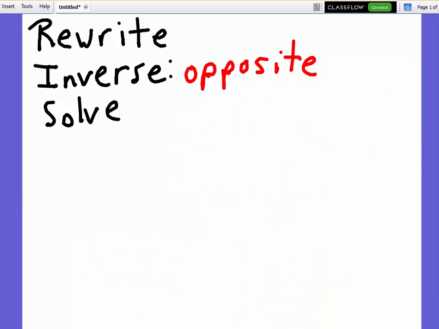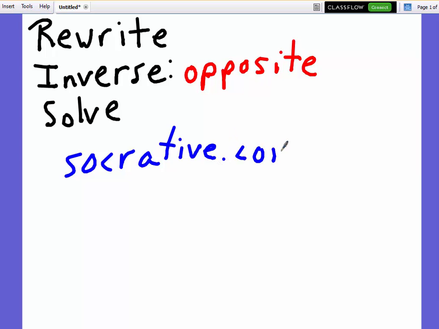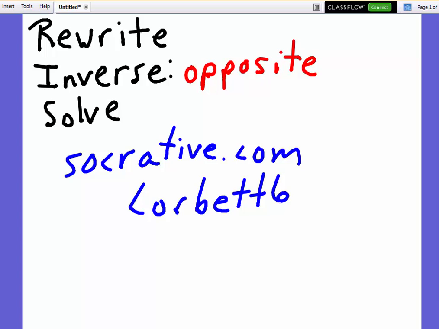Alright, what you guys on the computer are going to do now is go to Socrative. You're going to solve all the problems on Socrative. Please do your best. Remember, since you're on the computers, it is room number Corbett 6.